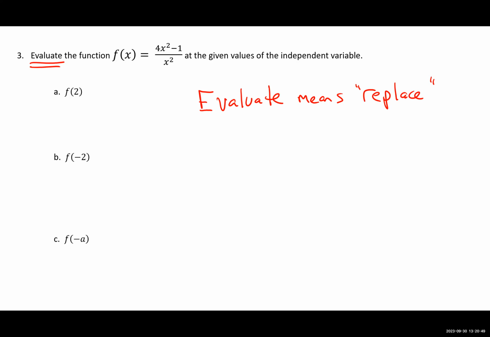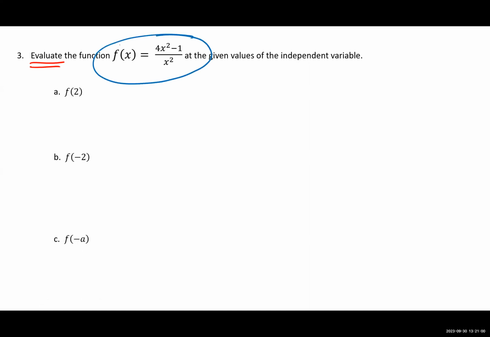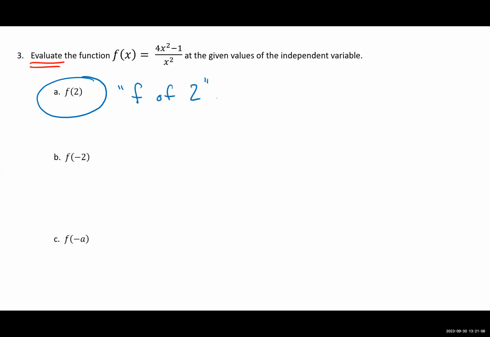Evaluate means replace. So I'm just erasing this because I need the board space here. So f of x is the function. When you see this, it is read f of 2.